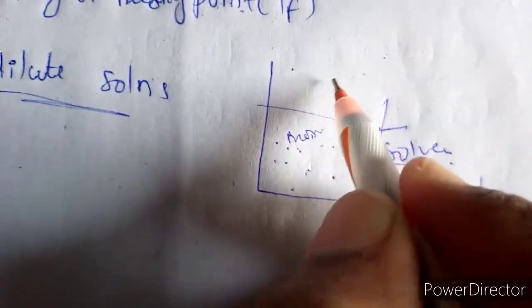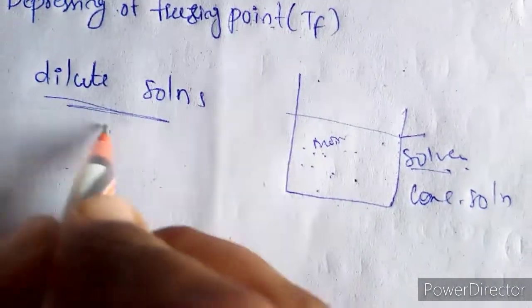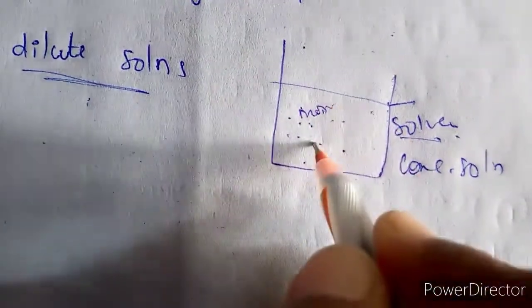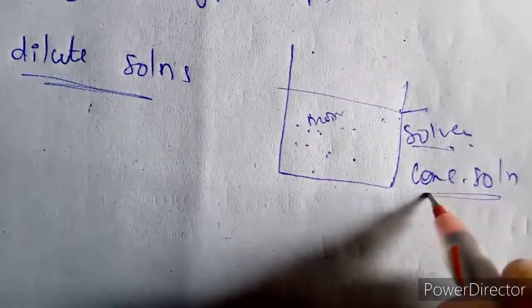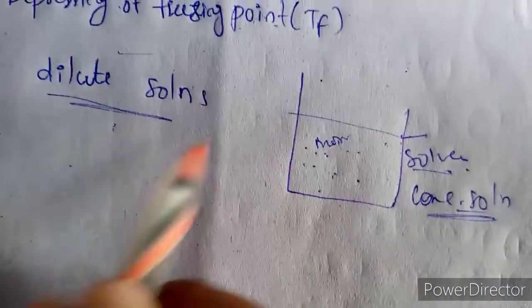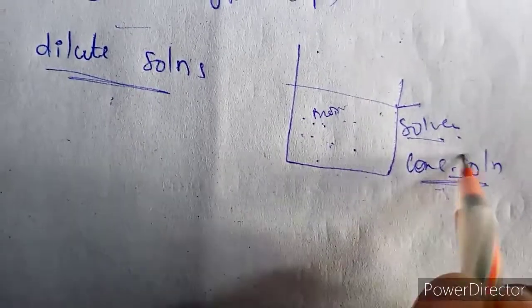If we dissolve fewer particles of solute in this fixed volume, we call it a dilute solution. If more particles of solute are present in this volume, we call it a concentrated solution. In a dilute solution, fewer particles are present, and in a concentrated solution, more particles are present. That is concentration and dilution.